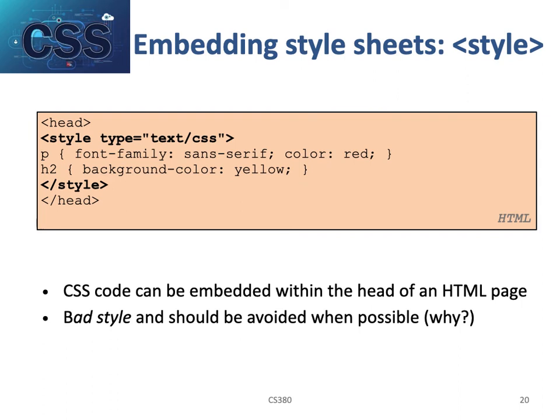Here CSS code can be embedded within the head of HTML file, and this is not that good a practice. So everyone is trying to include external style sheets in all of their web pages. We will see how this can be converted as an external style sheet specification or a CSS file.